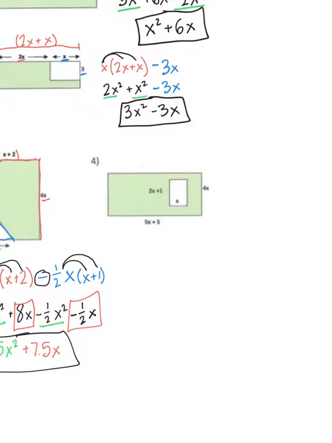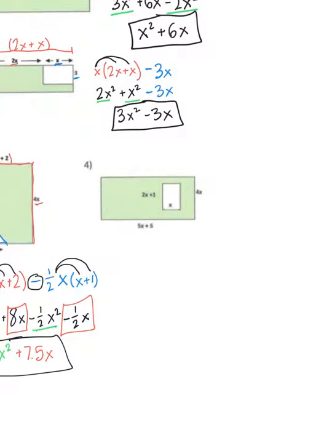Okay, we've got one more example over here. Let's look at our first shape. Our whole big shape is a rectangle again, so I've got length times width, and my length is 5x plus 5, my width is 4x, so I can multiply those two pieces together.